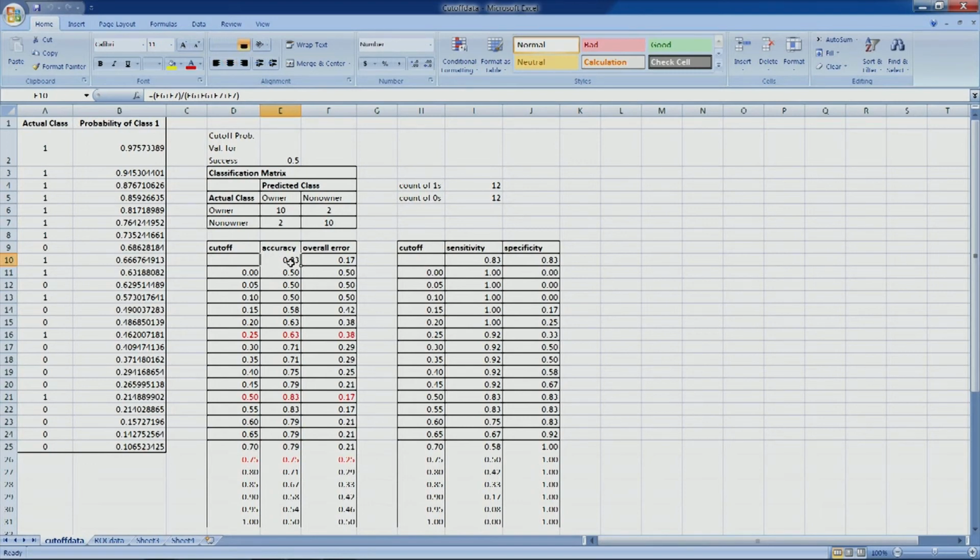You can see here the diagonal values, E6 and F7, divided by the total number of observations, and we get the accuracy. Similarly for the error.